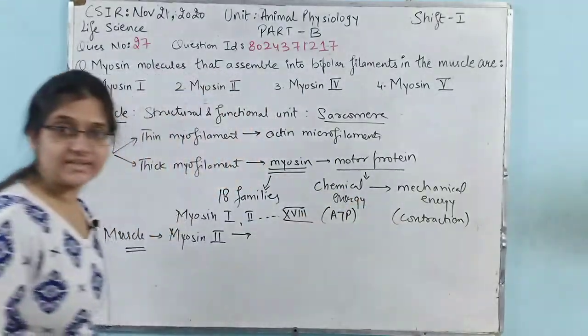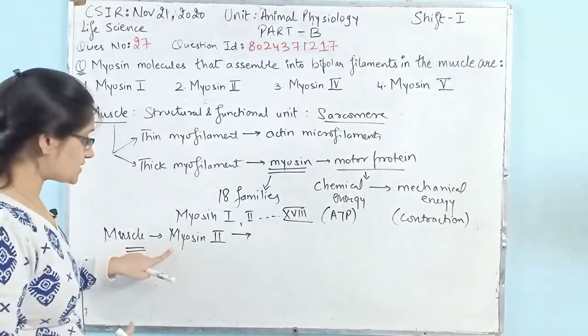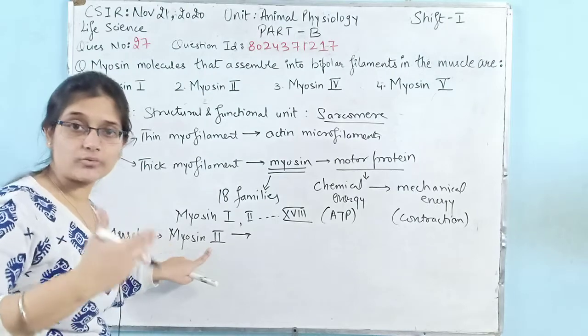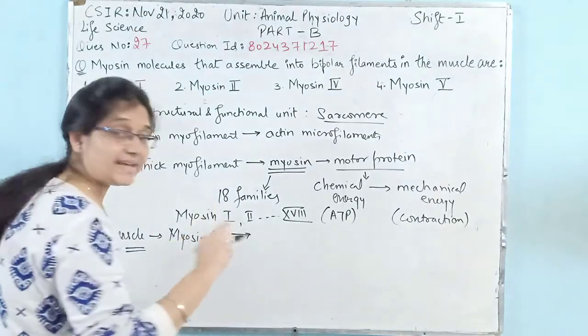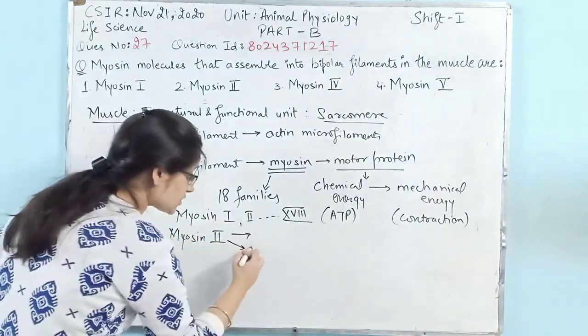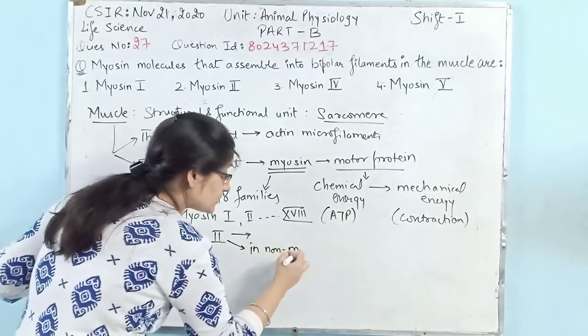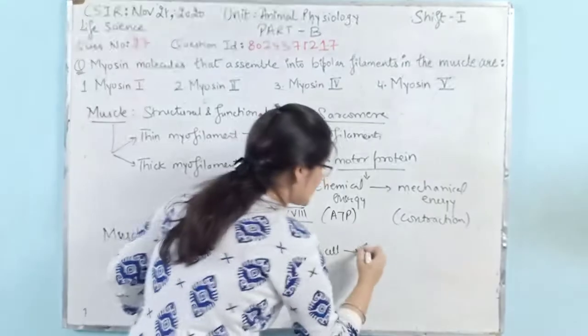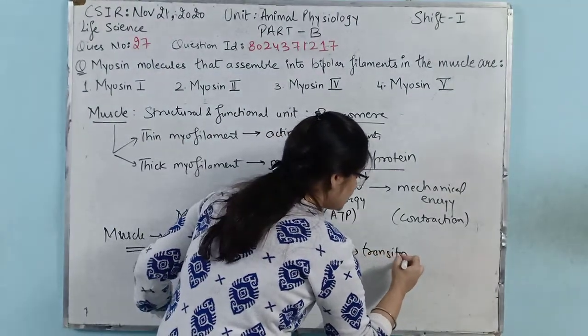This myosin 2 is the most abundant in the human body, existing mainly in the muscle cell. It also exists in non-muscle cells as well, but there it exists as a transitory structure.